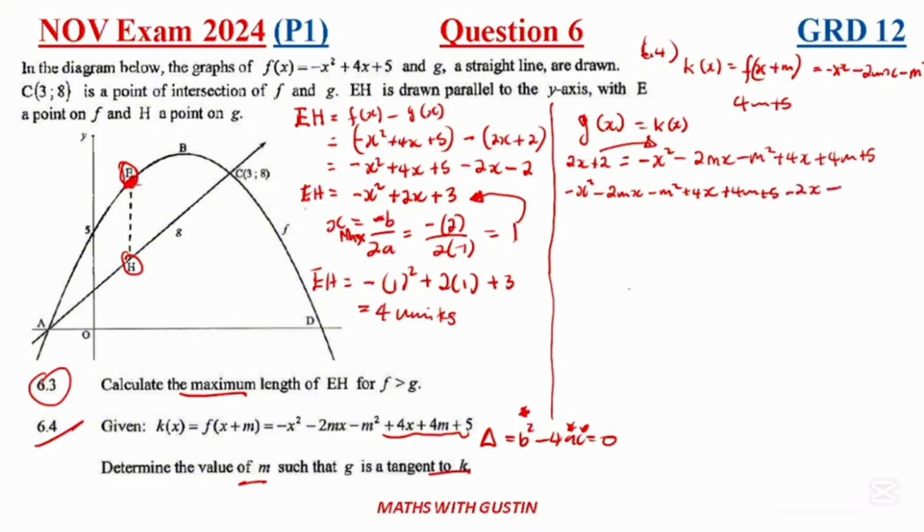This is g of x coming to the other side, equal to 0. Right. So now what we can do here is rearrange this. So we can say, okay, minus x squared minus 2mx. Here I'm still fine.